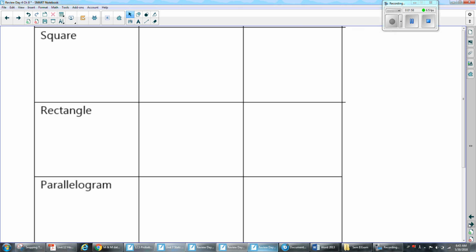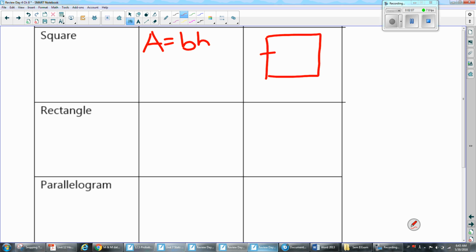When we talk about a square, we have our base times height. But if we think about a square when all 4 sides are congruent, all 4 angles are right angles, your base and your height are really the same length.